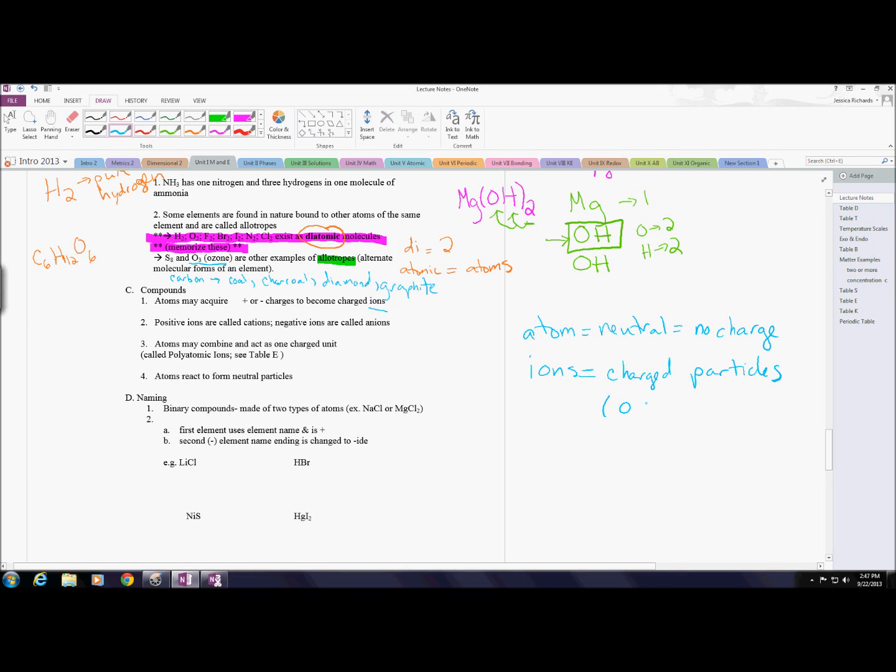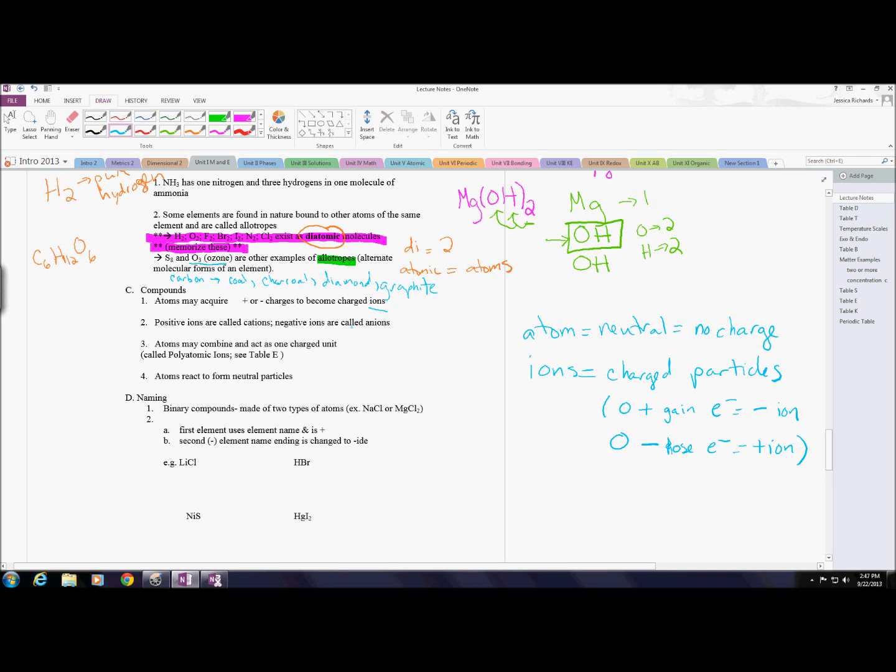So 0 plus gaining negatively charged electrons makes you a negative ion. And if you lose electrons, so we subtract negative electrons, if you're 0 and you lose negative electrons, you're going to become a positive ion.